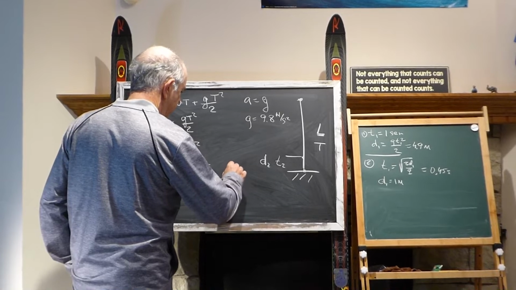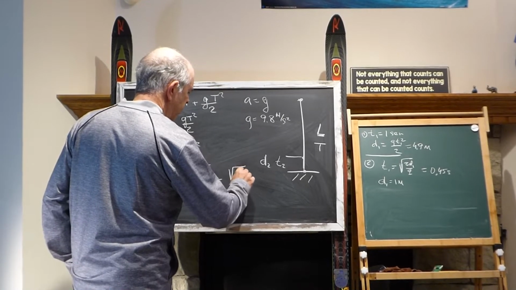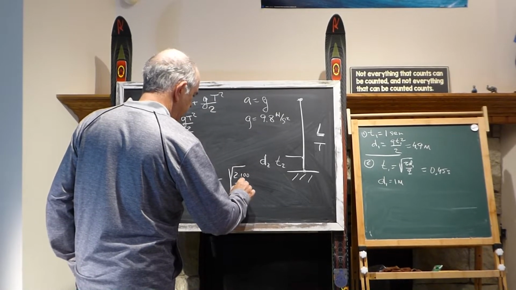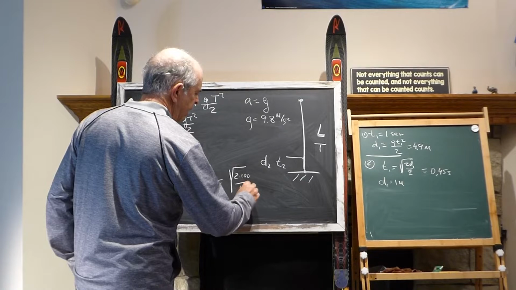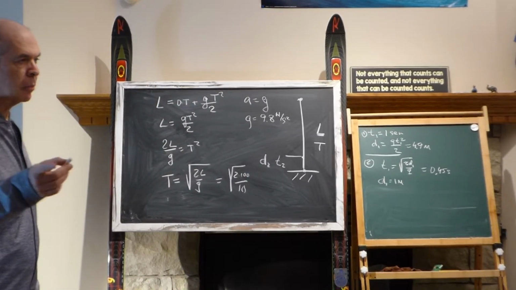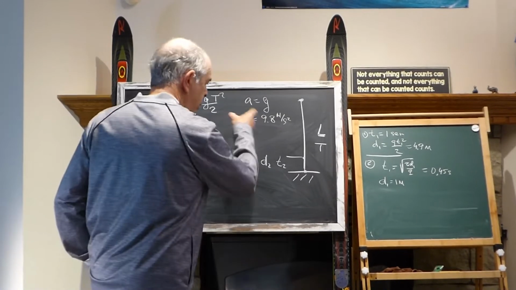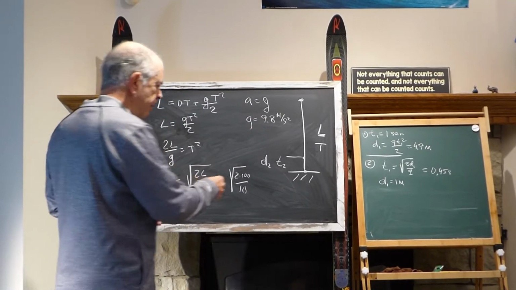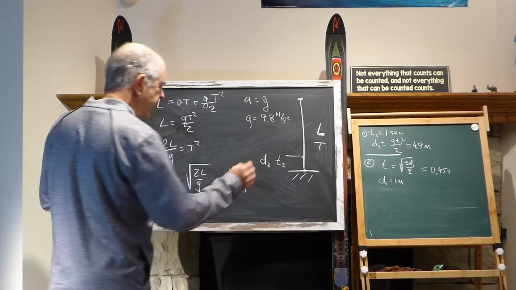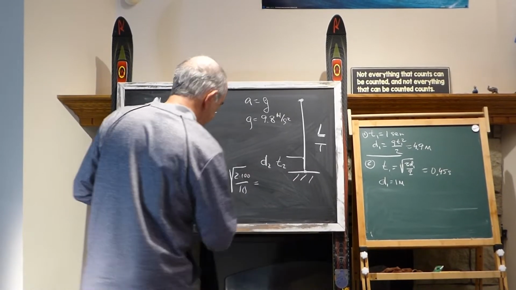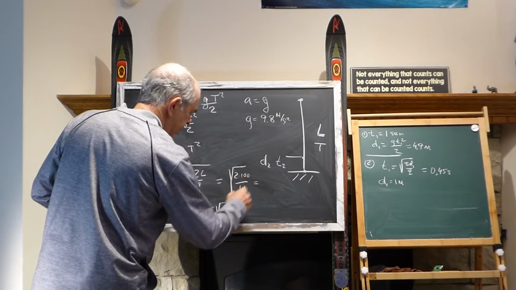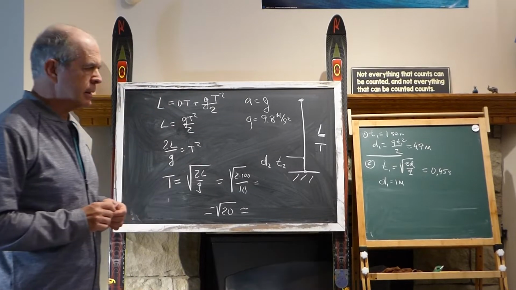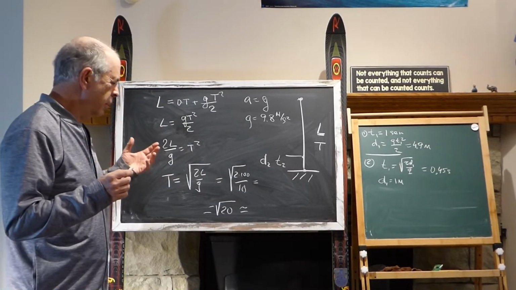And we can even put the numbers here. We can put 2 multiplied by 100 divided by g, and I write 10. You with your calculator can put 9.8, and maybe your teacher requires 9.8, and it's precise, but I am a poor guy without a calculator. I put 10, so it would be easier for me, and this becomes square root of 20. And then again, what is the square root of 20?